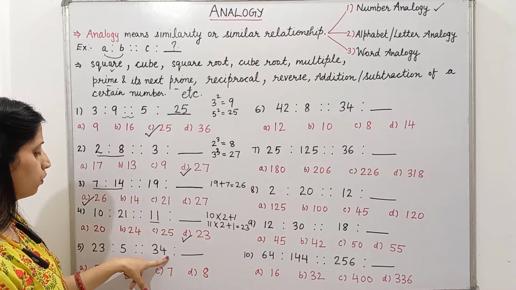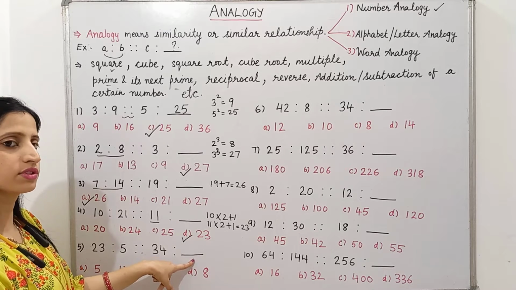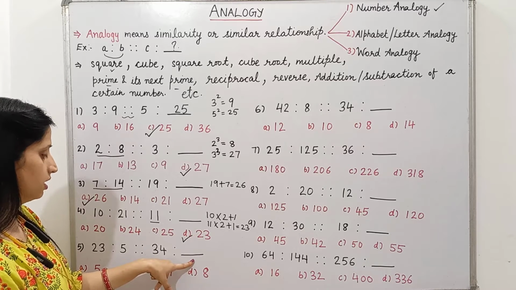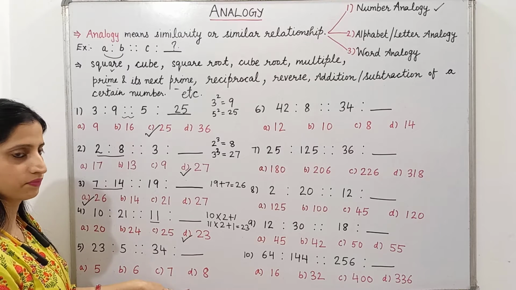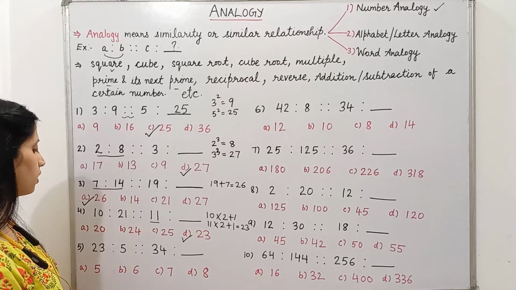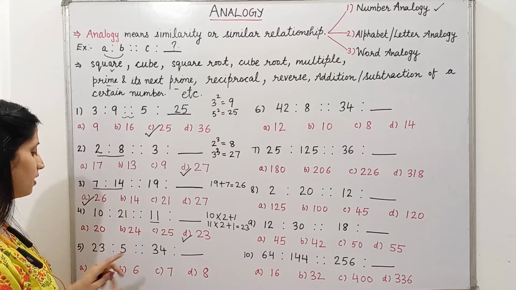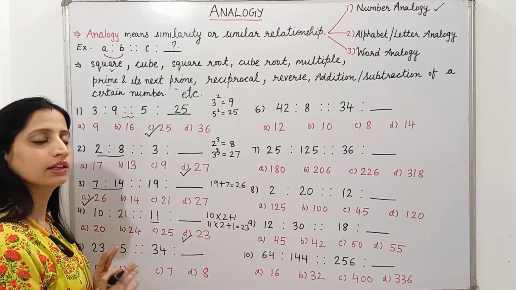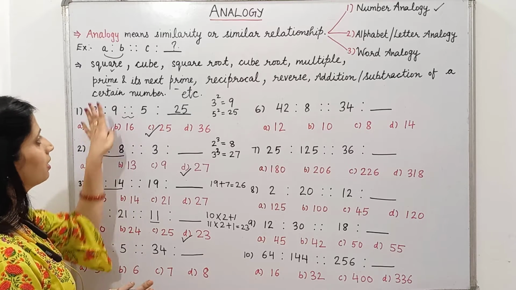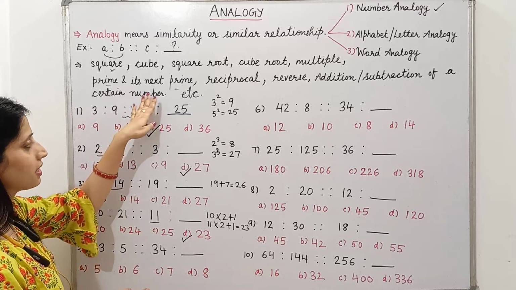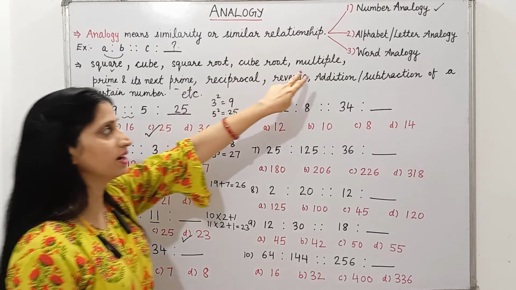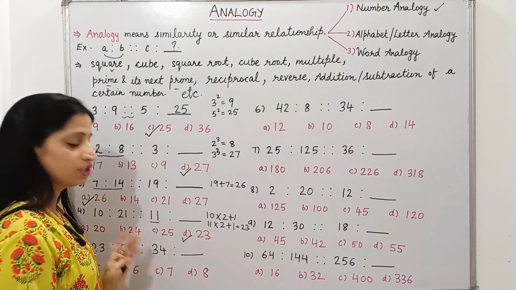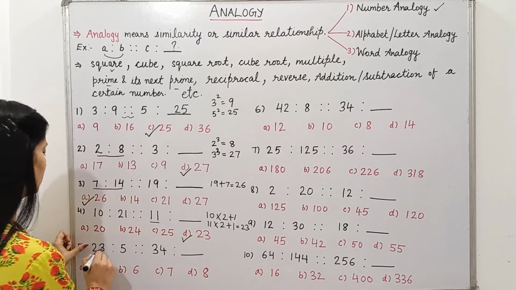But from 34 to get 18, we have to subtract 16. But it's not an option here. Okay, so we will check for another type of relation. We can see that this is not a relation of square, this is not a relation of cube, these are not a prime number and its next prime, these are not multiples of each other. So we will check for another relation. Let's see.